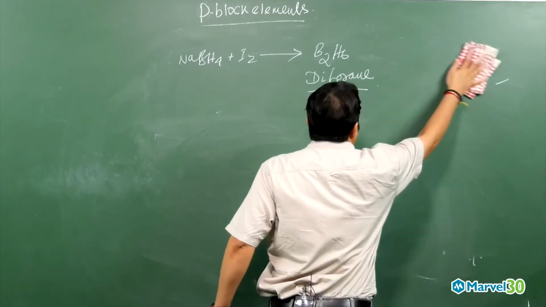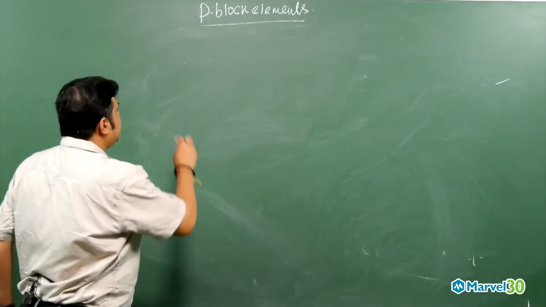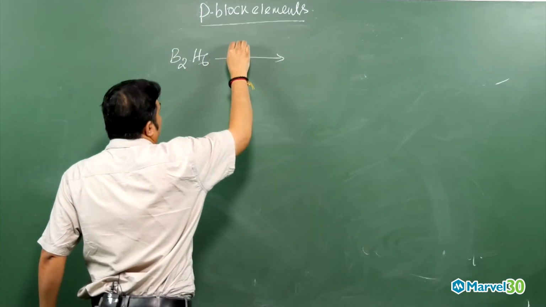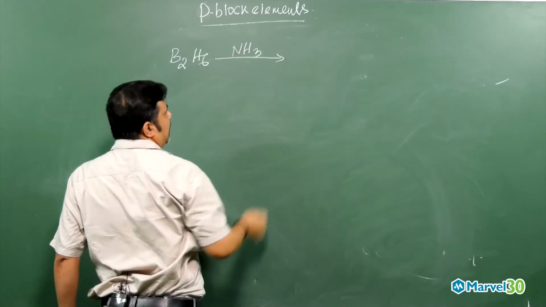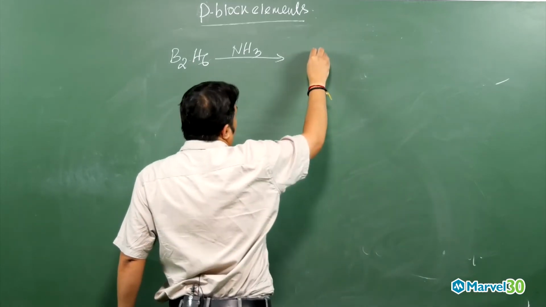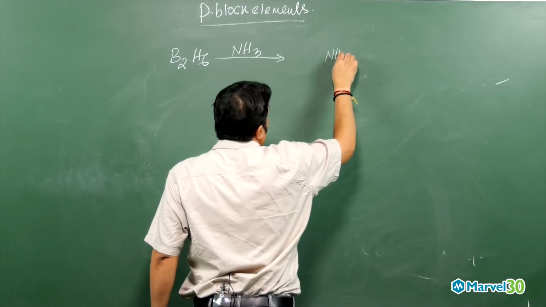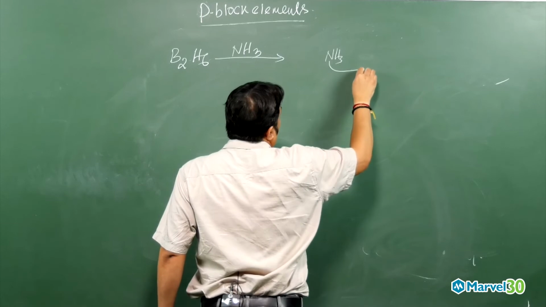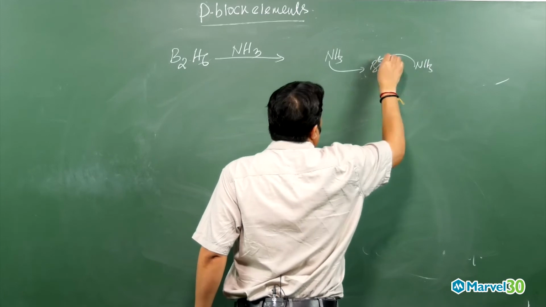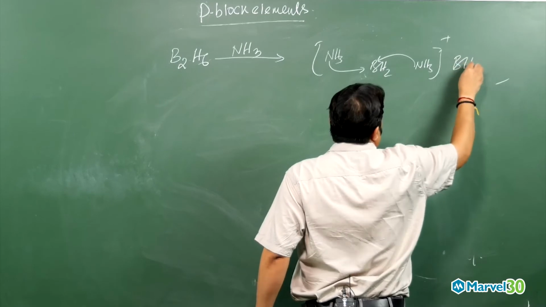Three things you need to know regarding B2H6. In the reaction with ammonia, first of all you have to understand it will form this type of compound: NH3 coordinated to BH2 and another NH3 coordinated to this one, and the overall charge will be plus, and here there will be BH4 minus.